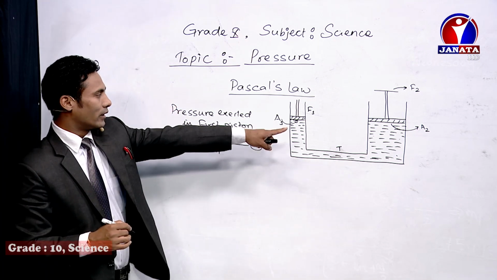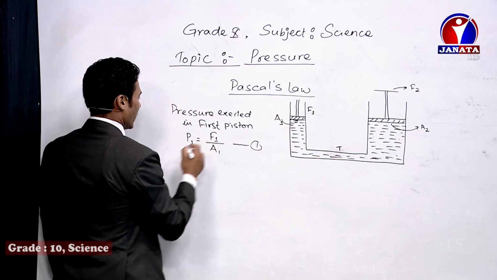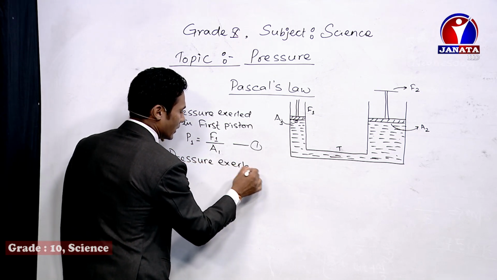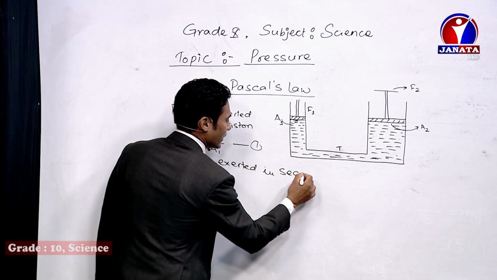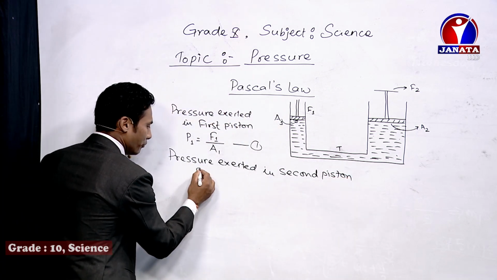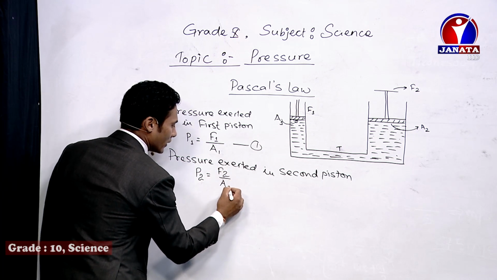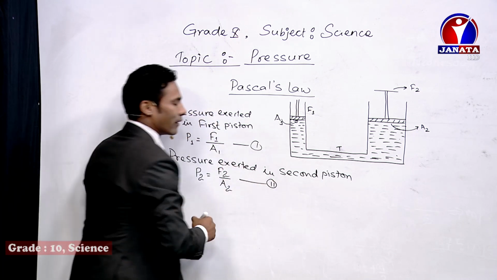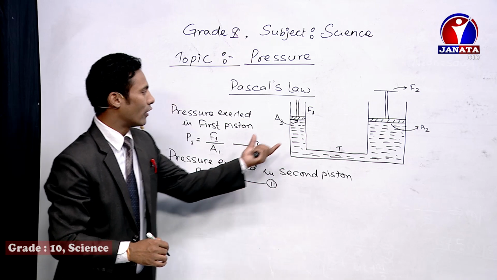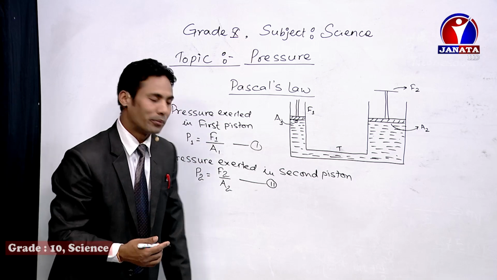Similarly, the pressure exerted on the second piston, if I represent it by P2, then P2 equals F2 by A2. This is equation 2. And Pascal's law says that the pressure exerted on the first piston is equal to the pressure exerted on the second piston.